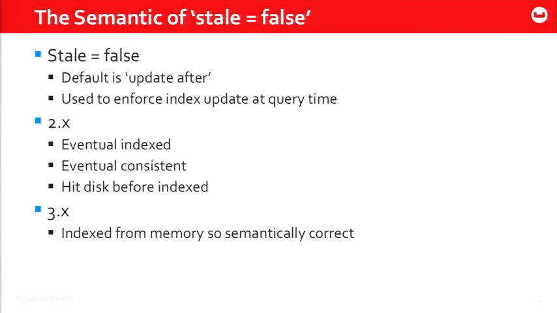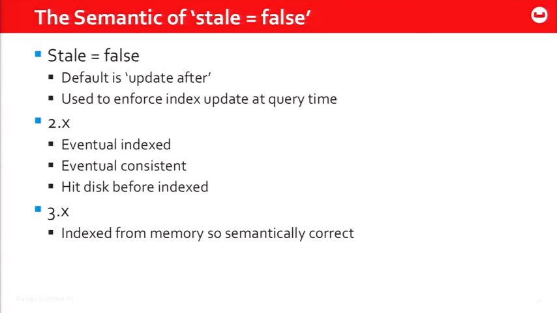The default value, by the way, is stale update after, which means you perform a query, you get a result which is maybe a little bit outdated, and after you issue the query, the index will be updated for you, so the next one is more up to date and so on. Another option is stale equals OK.